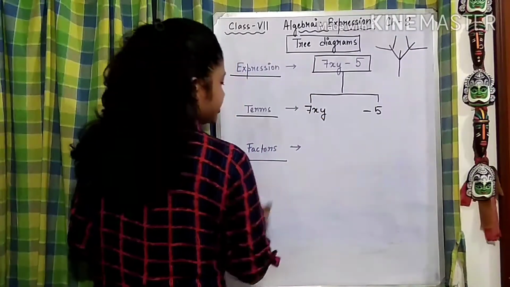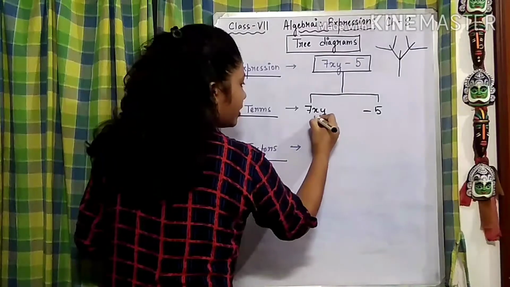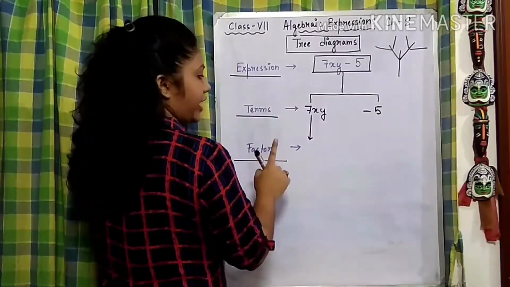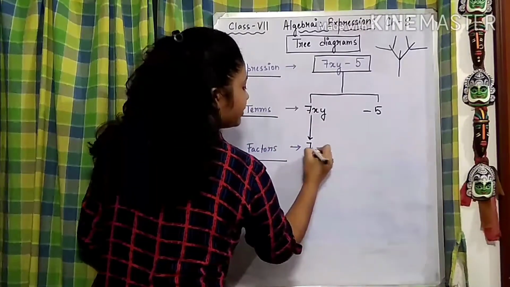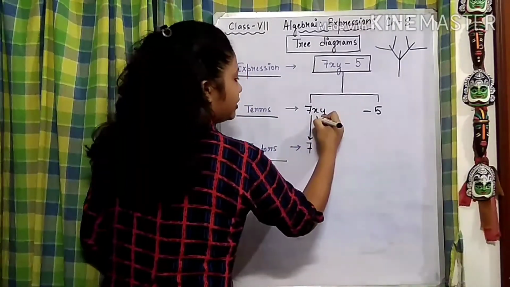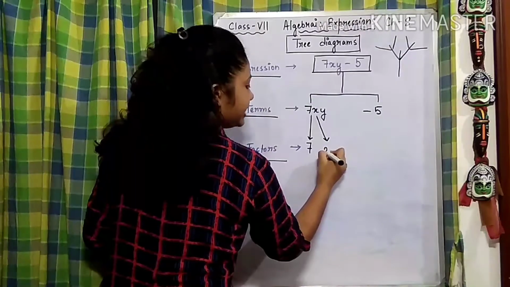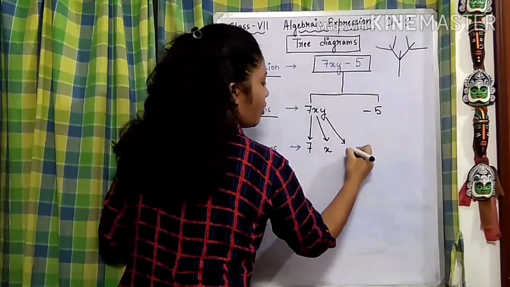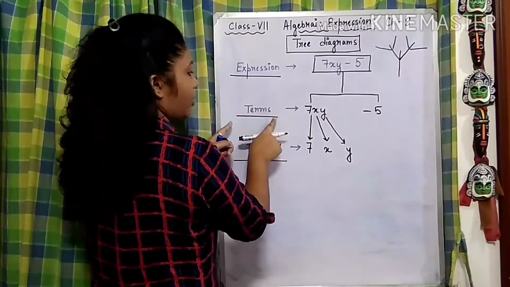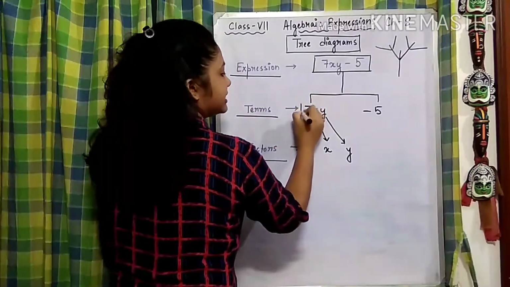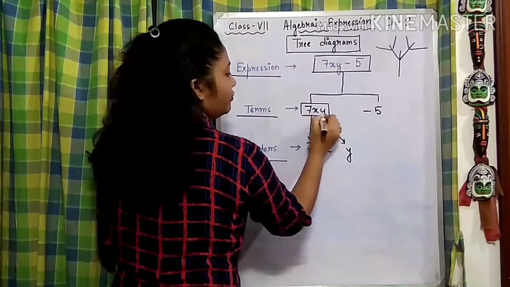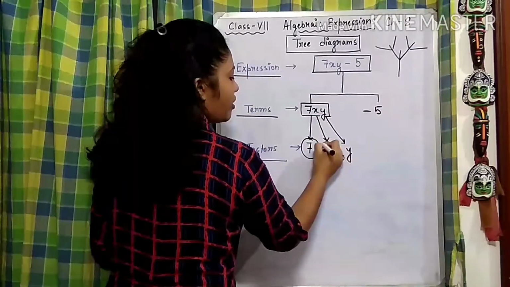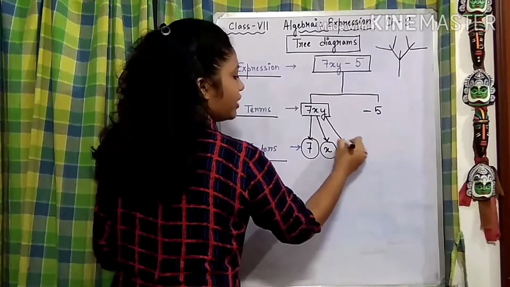So from there we are going to find the factors. The first branch is the factor 7. Another factor is x, and the last one is y. So from the term 7xy we are getting three factors: one is 7, one is x, another is y.